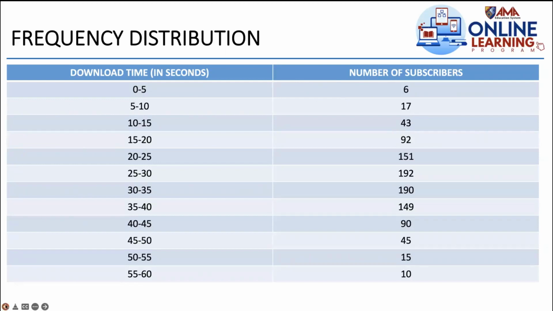Remember, before you can come up with this table, you should have your raw data or ungrouped data. So let us say in this 0 to 5, you include the 0 download time. Is that possible? It's also possible that you have 0 to 5 but you don't have 0 in your data.